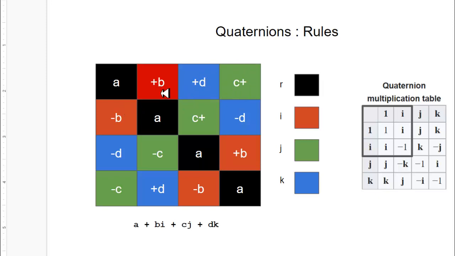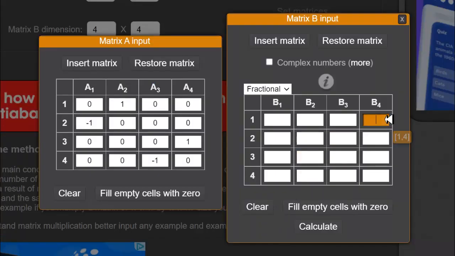Okay, so now we're going to set the other matrix up. So we're going to do I times j. J is green, so we're going to put a plus 1, minus 1, minus 1 into the second matrix. So we're going to do plus 1, minus 1, minus 1, and we're going to set everything else to 0.